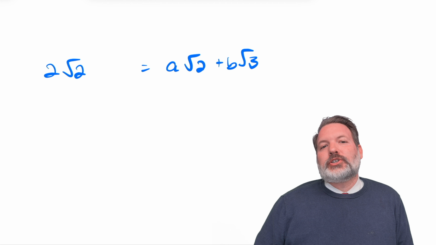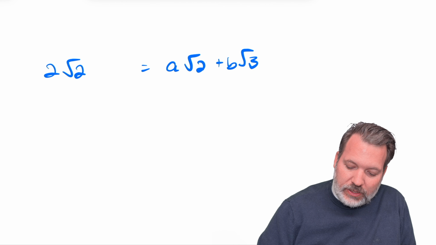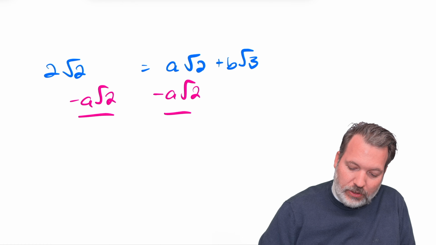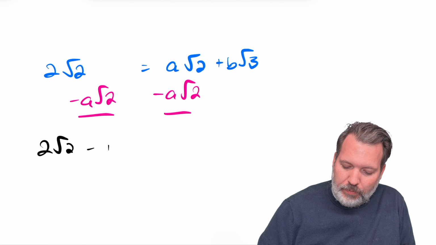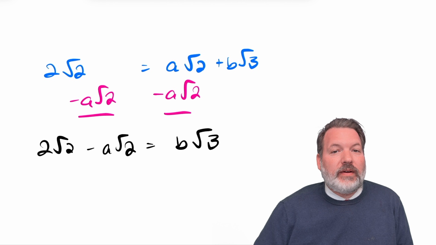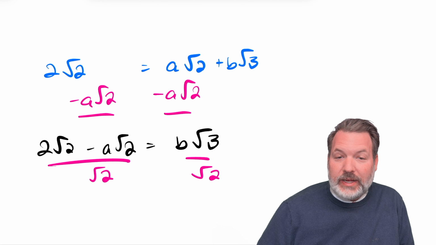The way we show it is, I think, pretty cool. If we have this connection, 2 root 2 equals a root 2 plus b root 3, we can start by getting the root 2 stuff onto the same side of the equation, which gives us 2 root 2 minus a root 2 equals, and of course on the other side we just have the b root 3, and then we can divide by root 2 on both sides of this equation.